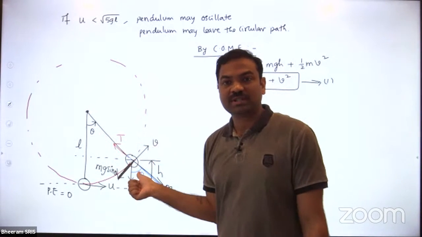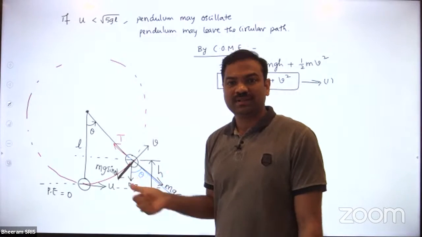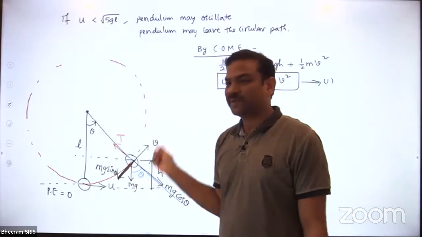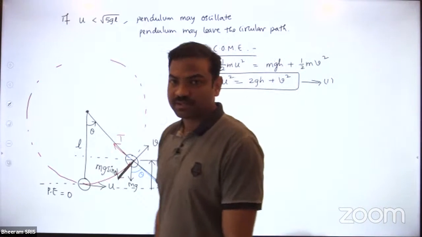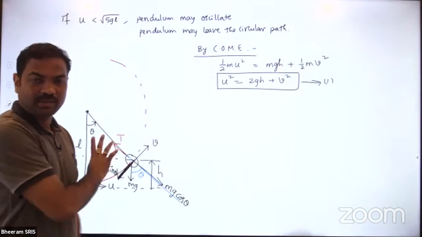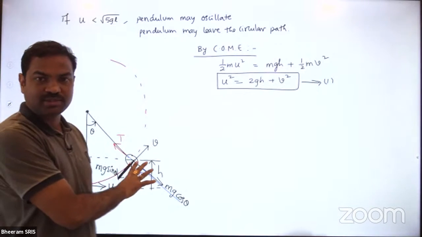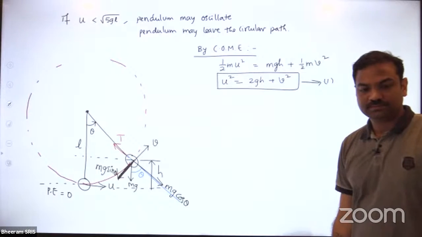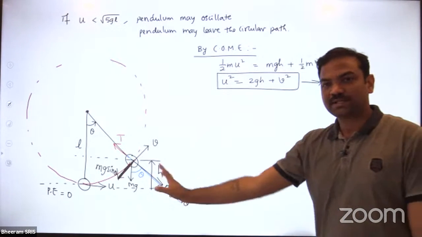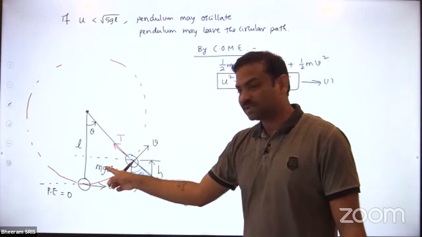Vertical circular motion is non-uniform circular motion because speed changes as the height changes. When a pendulum is projected, it's a non-uniform circular motion, and this is the tangential acceleration.